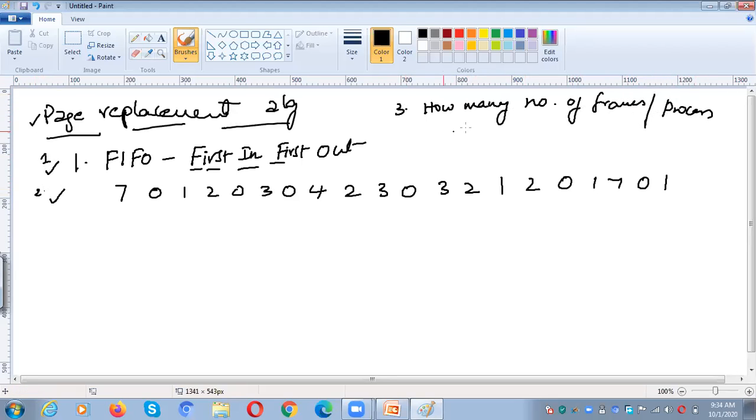In this particular example, we have been given 3 frames per process. So 3 frames means how many boxes do we have to draw?